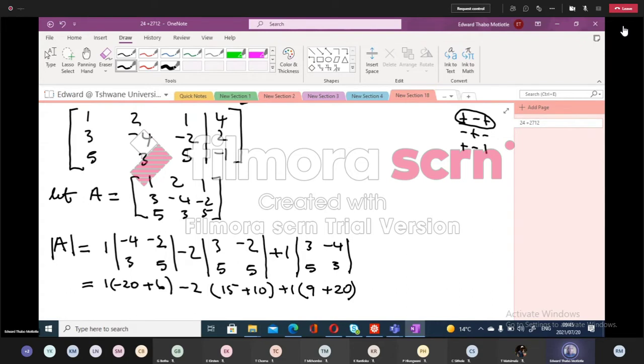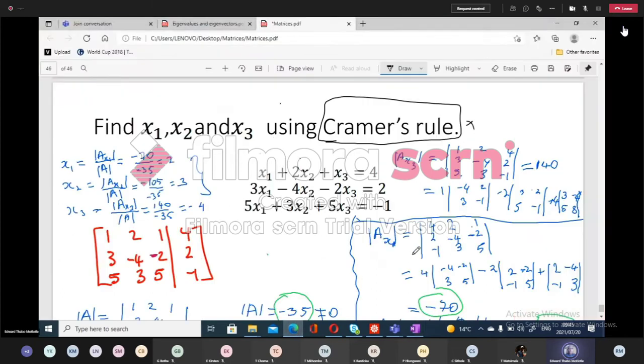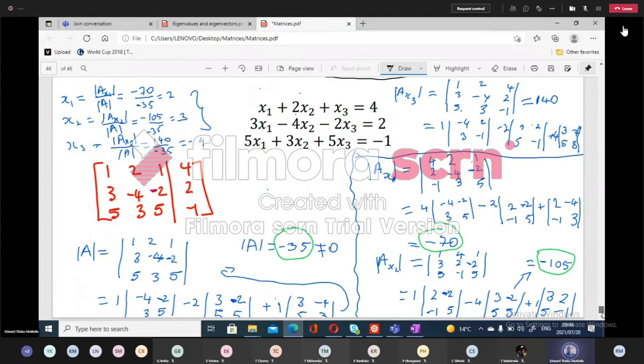So what are you getting? I'm getting a different value. I'm getting minus 45. Could you please check? Let me check what I got that time, because once it's wrong, everything will be wrong. I see it's minus 35, must be the correct one.